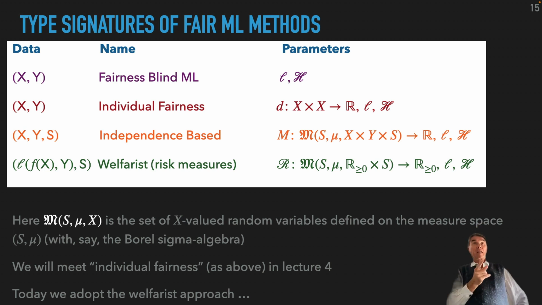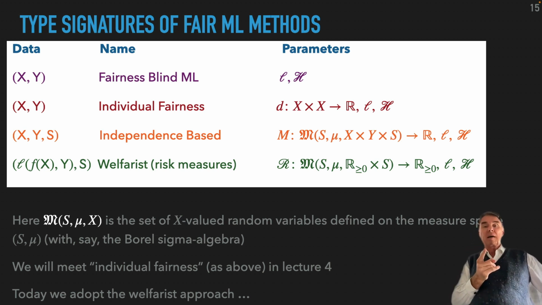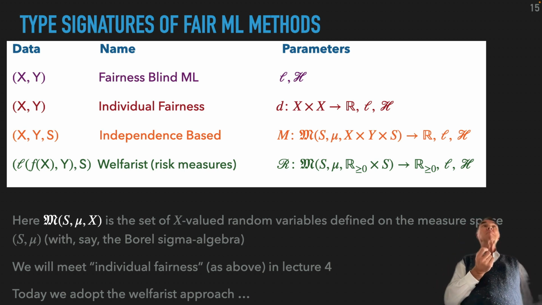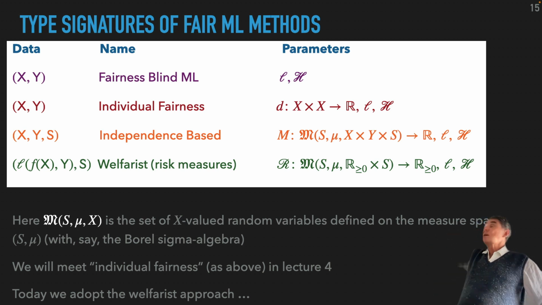We will meet in lecture 4 a thing that goes under the name of individual fairness that does not require sensitive attributes, and it tries to encode the moral principle that similar people should be treated similarly. We'll elaborate that in lecture 4. In order to do that, you have to have a notion of similarity. And that ends up being this function d.